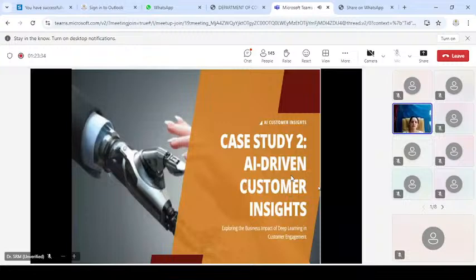Okay. Now you tell me which case shall we consider for this, which is an apt case. Any suggestions? AI driven customer insights. Any suggestions from our revered audience?